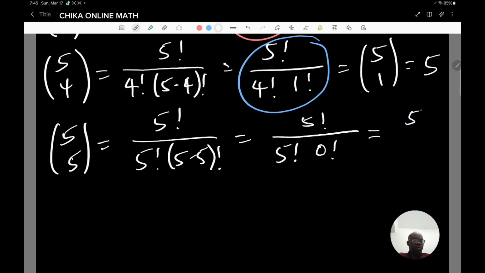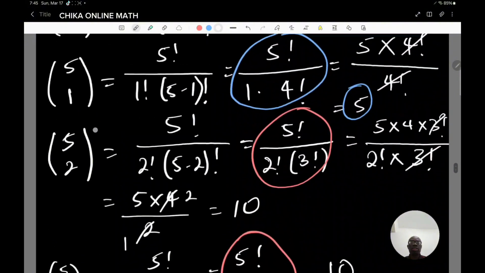So this is 5 factorial all over 5 factorial times 0 factorial. But what is 0 factorial? 0 factorial is nothing but 1. So we'll be having 5 factorial over 5 factorial. So 5 factorial can cancel 5 factorial. So this leaves us with the answer 1. Okay, so 5 combination 5 is what? 1. So we substitute it in our result.